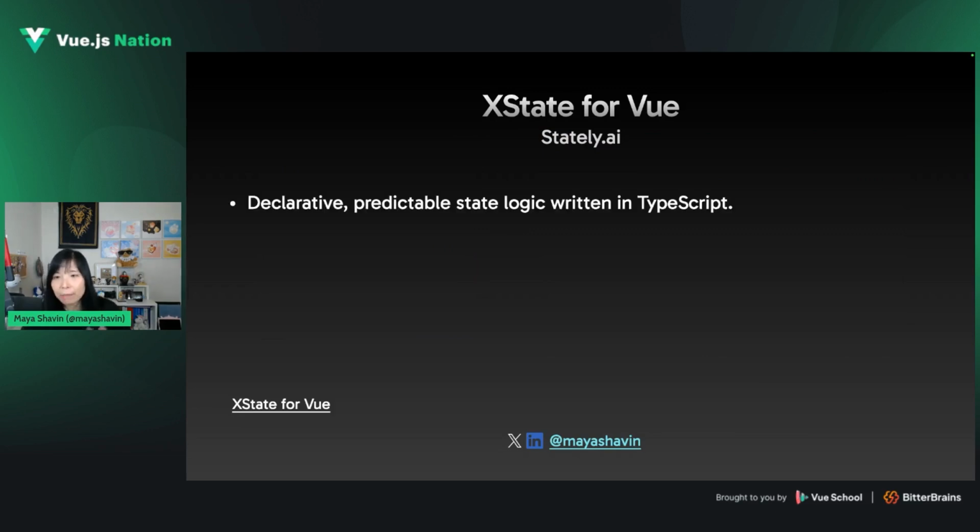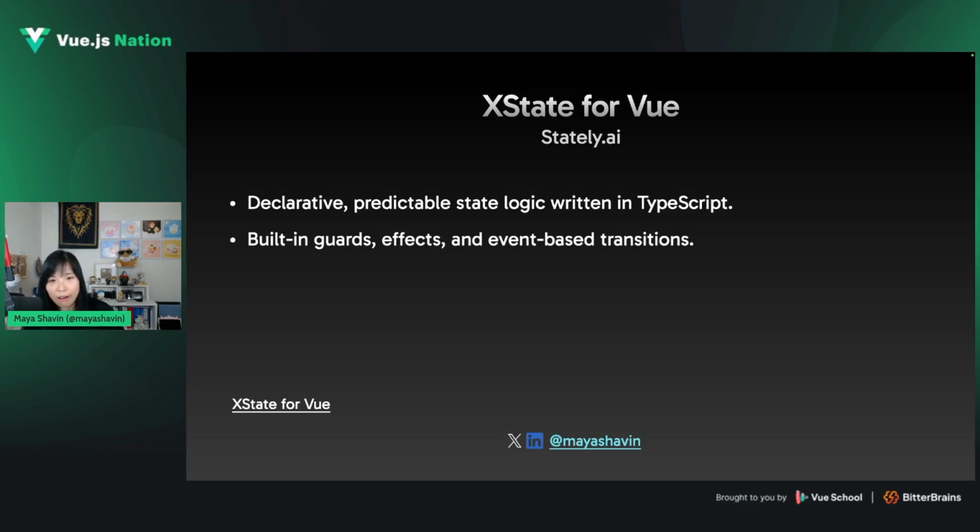XState, for Vue, is a declarative, predictable state logic framework written in TypeScript and fully supported by TypeScript. It offers you a lot of different ways to do state management, with guards, which control conditional transitions from one state to another, and to add effects like context, extra data, telemetry, and so on.